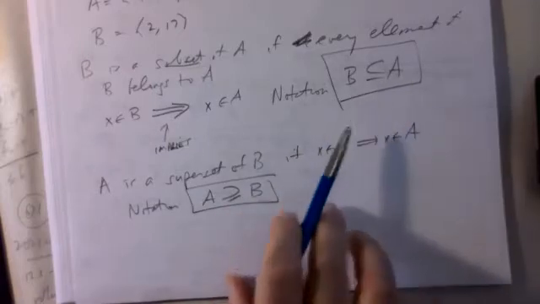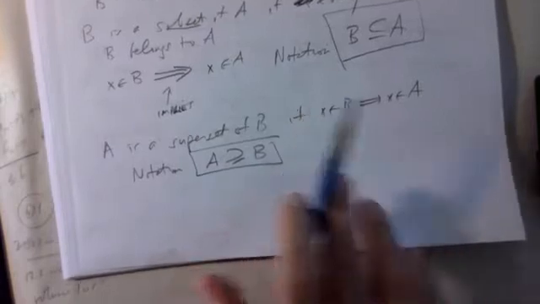B is a subset of A if and only if A is a superset of B.